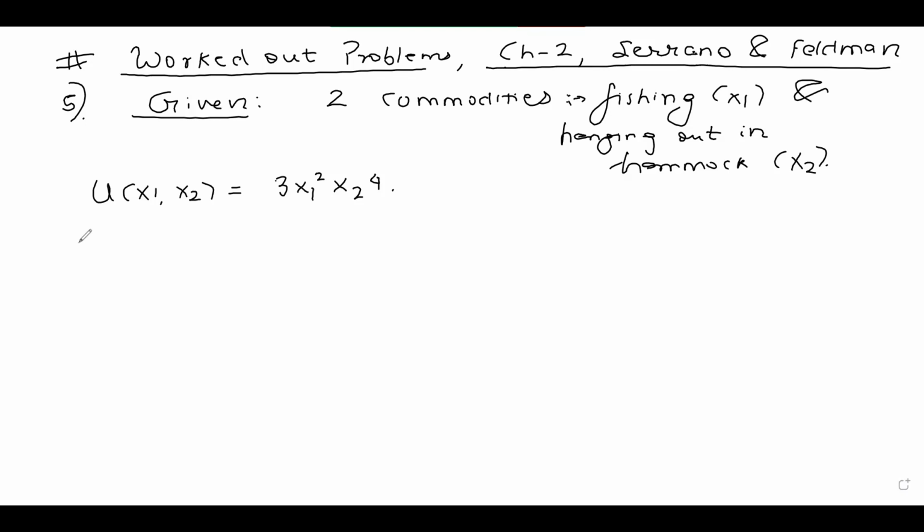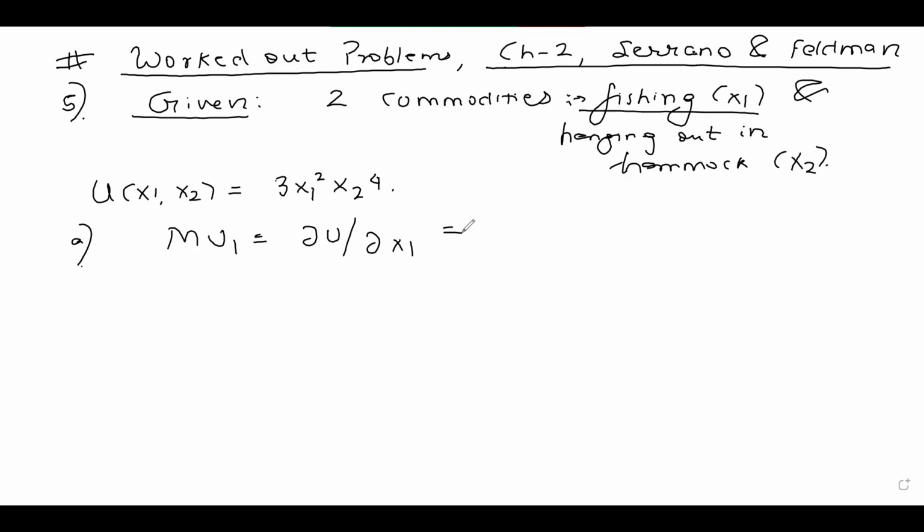Part A asks us to find the marginal utility from fishing. Fishing is good X1. MU1, how do we find that? The partial derivative of the utility function with respect to X1 gives you the marginal utility from fishing. Now let's partially differentiate.